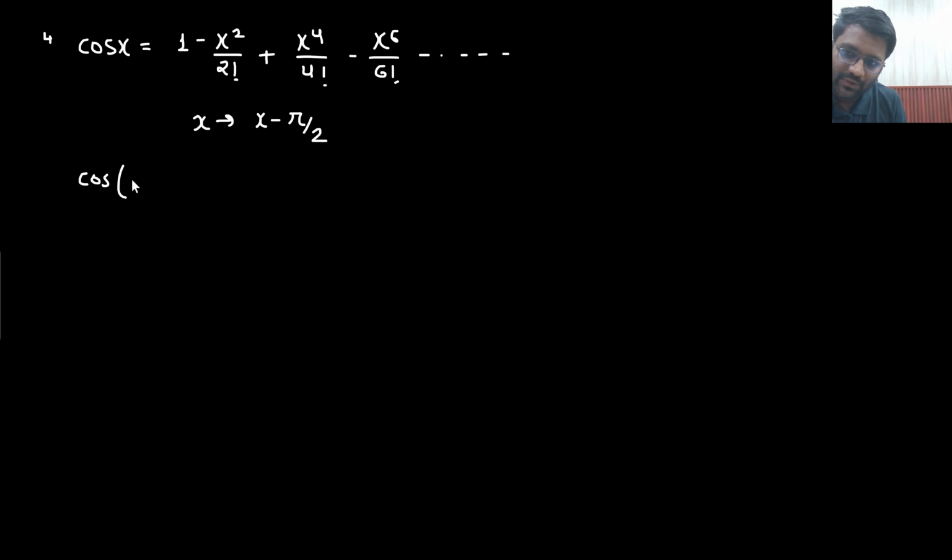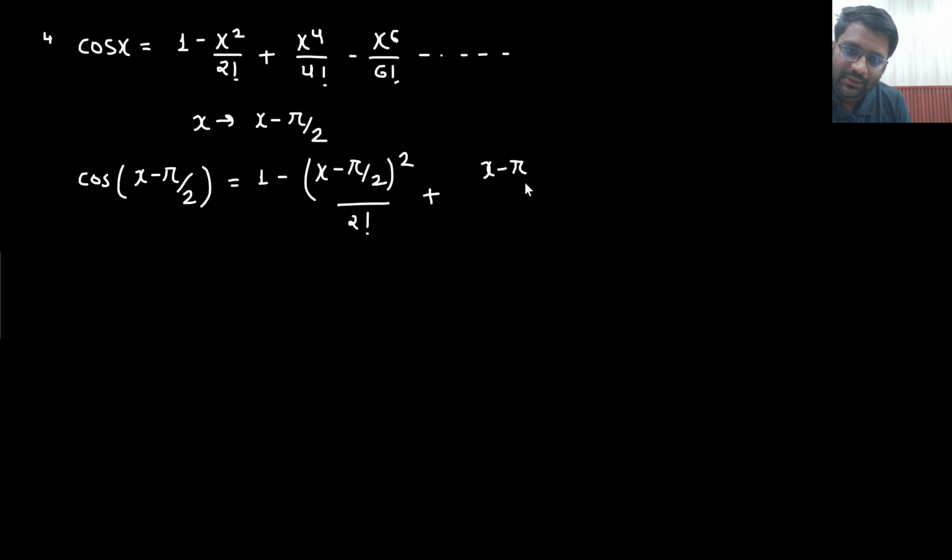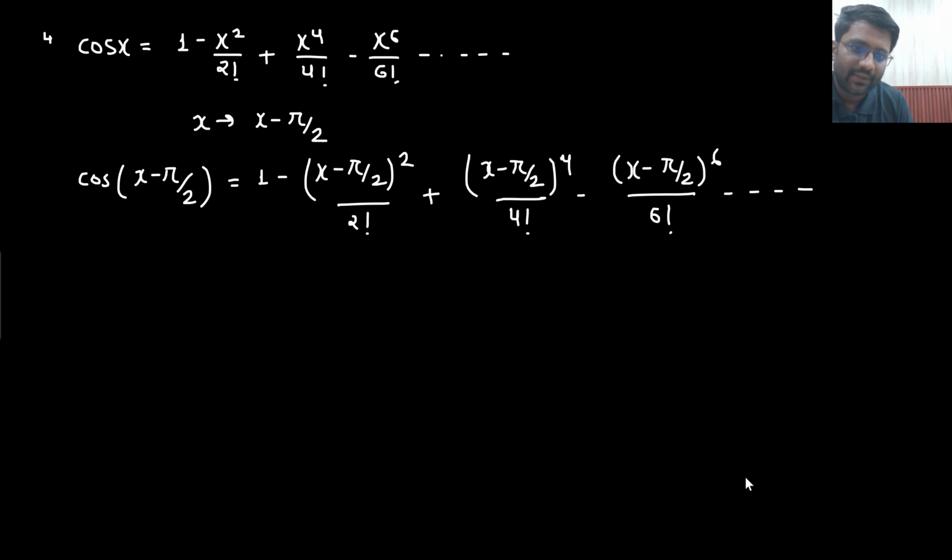So what will this be replaced with? 1 minus (x minus pi by 2) whole square divided by 2 factorial, plus (x minus pi by 2) to the power 4 divided by 4 factorial, minus (x minus pi by 2) to the power 6 divided by 6 factorial, and so on.